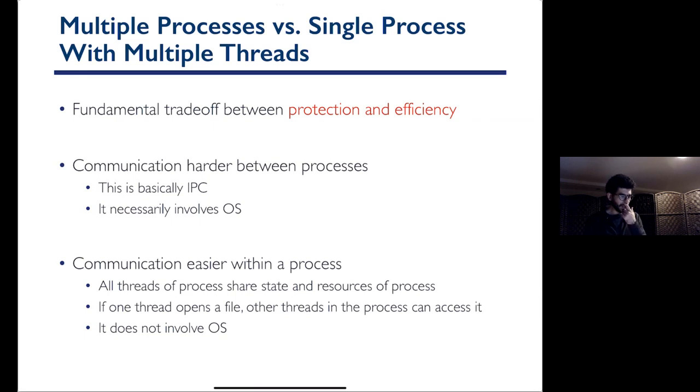So I think I kind of explained the trade-off between multi-threading and multi-programming. We talked about all of this. We talked about communication being harder between processes and being easier between threads within the same process.